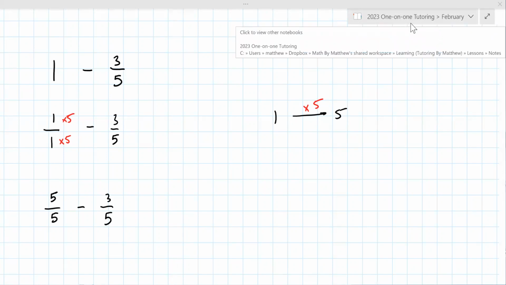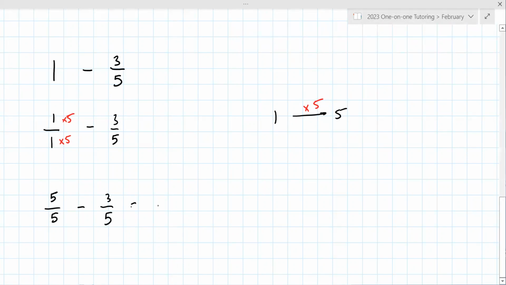Now what do you do? What is the remaining step here? We subtract it. Yes, but just like the previous problems, you're going to keep the bottom.